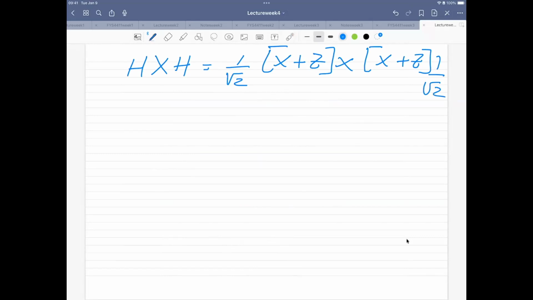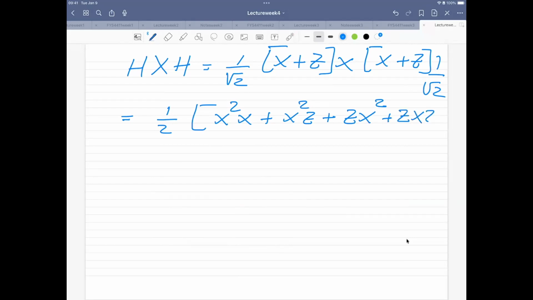So if I write everything out, I'm going to get 1/2, and then Pauli X squared plus X times Z plus Z times a Pauli X squared, and then I have plus a Z times X times Z, like this.